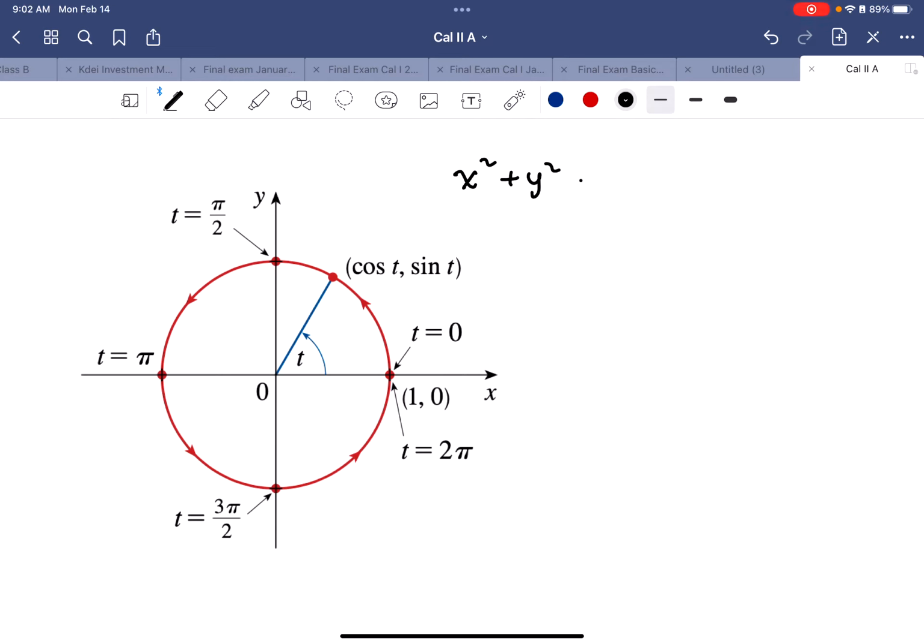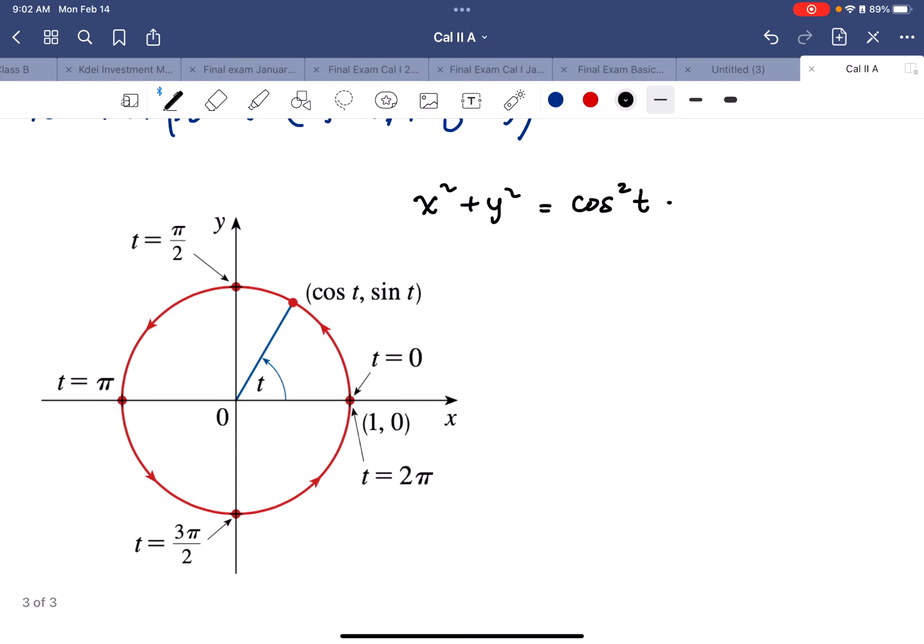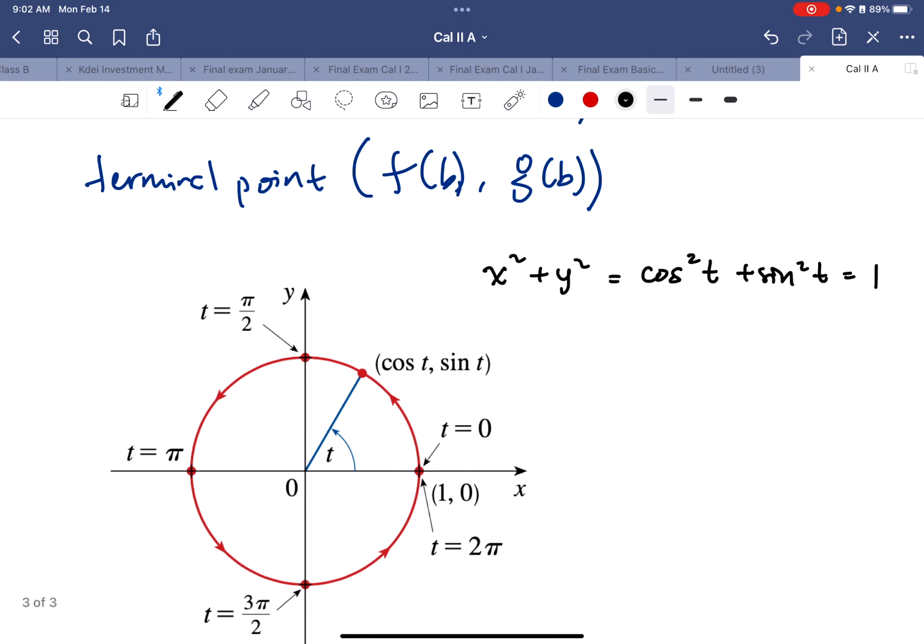Let's observe this in terms of the circle equations, and we can write cos squared t plus sine squared t. The parametric is this and this, and t is from 0 to 2 pi.